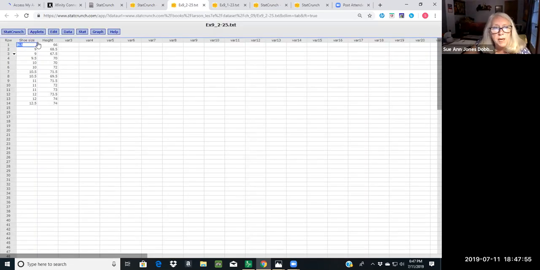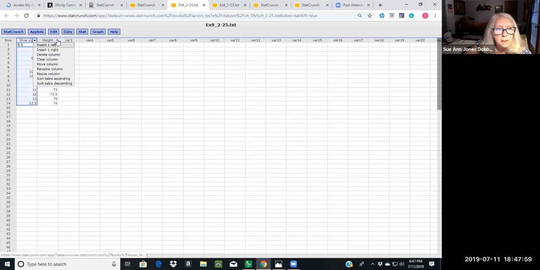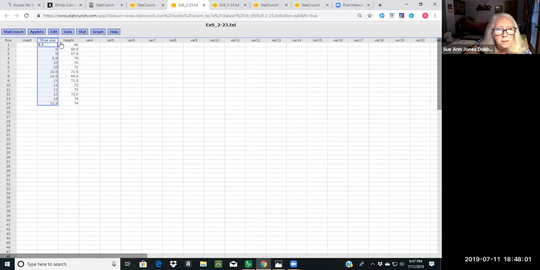So in 25, what you're looking at is the relationship between shoe size and height. So it seems reasonable to think that the taller you are, the larger your shoe size would be.